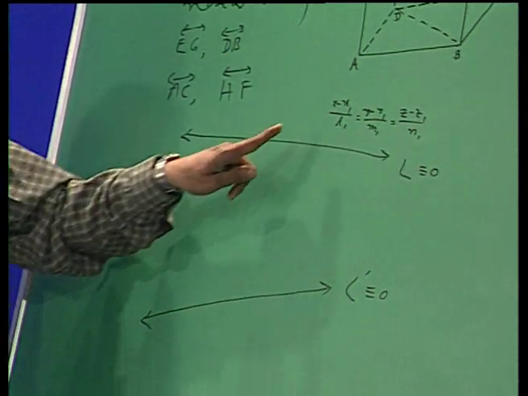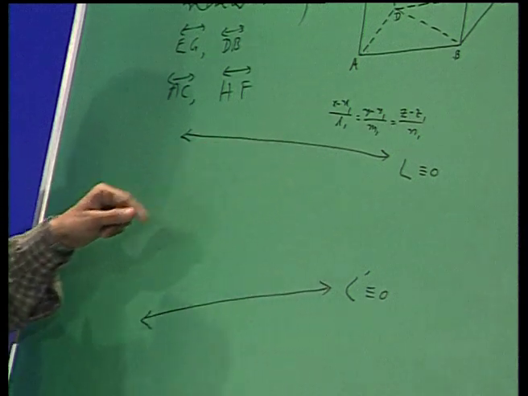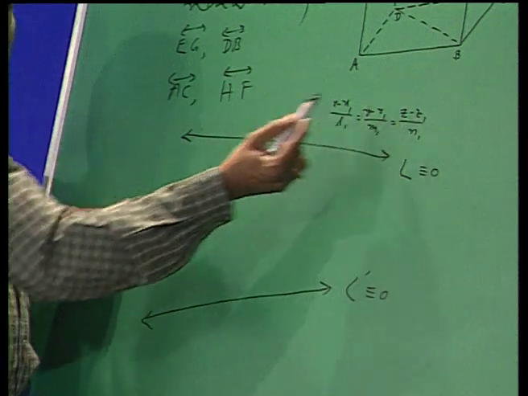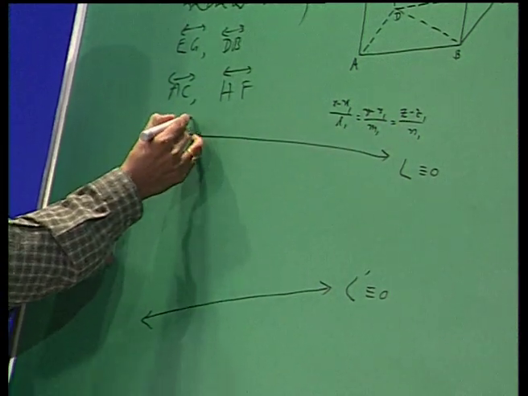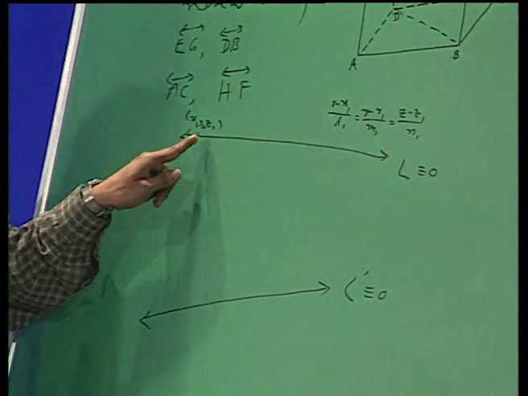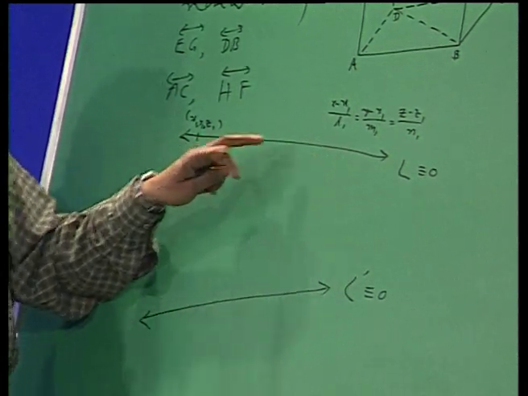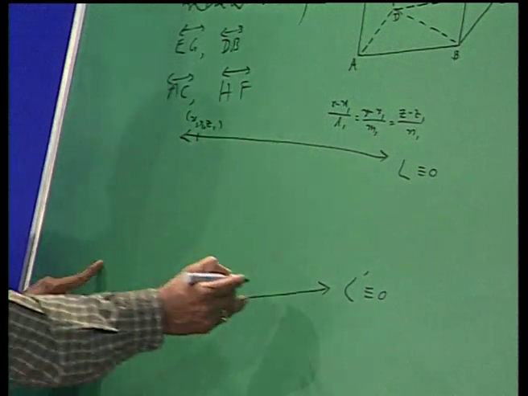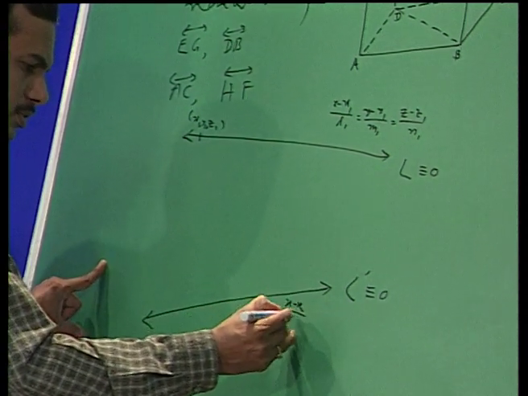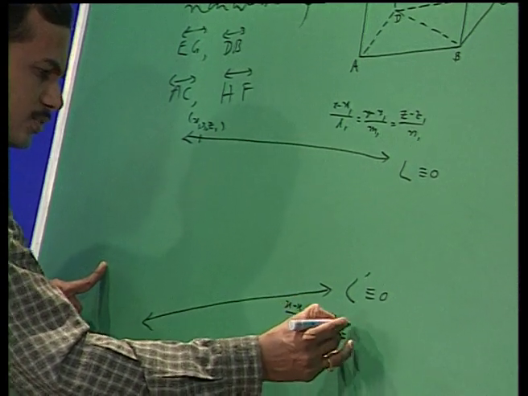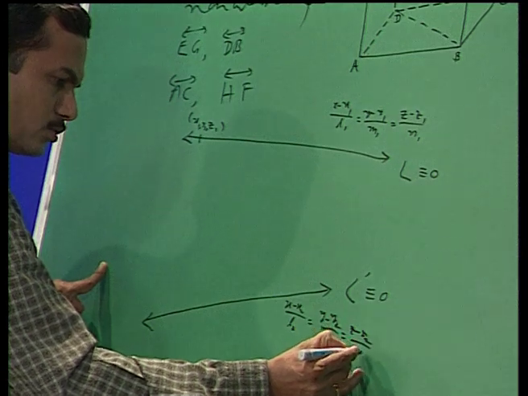Here this is a straight line passing through the point having the coordinates x1, y1, z1. Say this is that point, and the direction ratios of this straight line are L1, M1, N1. Let us say the line L dash equal to 0 is of the form (x minus x2) by L2 is equal to (y minus y2) by M2 is equal to (z minus z2) by N2.